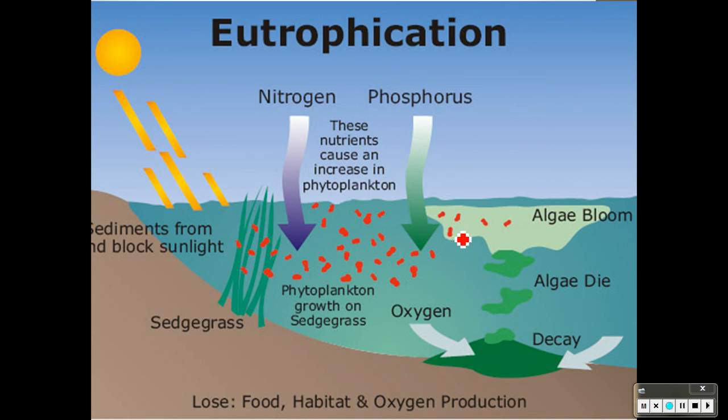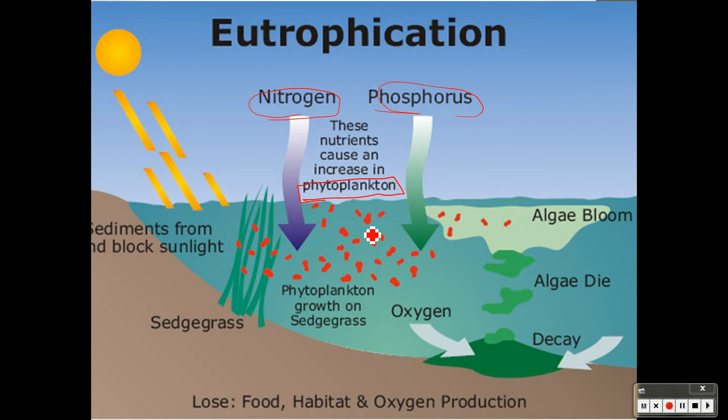Alright, so there are micro plants, or tiny plants called phytoplankton inside of lakes, rivers, streams, oceans, all of that jazz. So if we suddenly wash all this fertilizer, which contains lots of nitrogen and phosphorus and potassium, into the water, the phytoplankton suddenly grow like crazy.